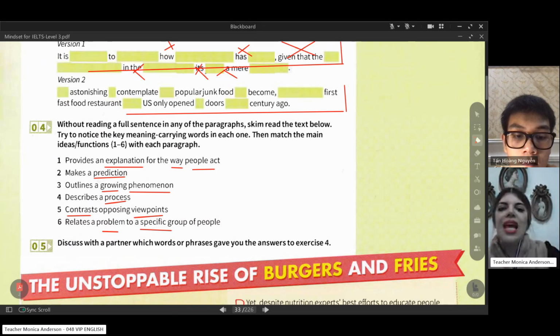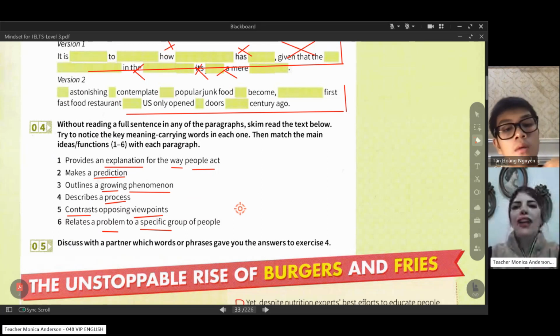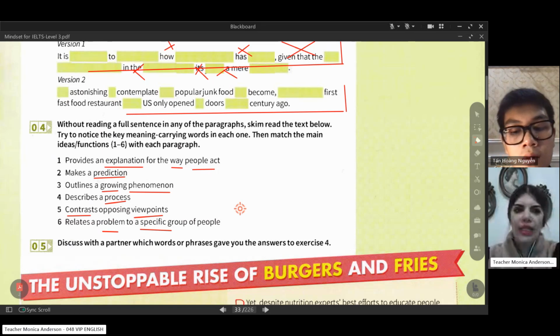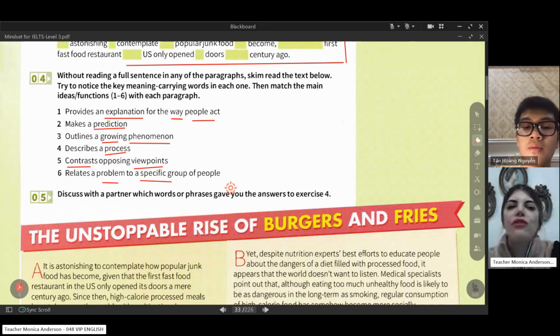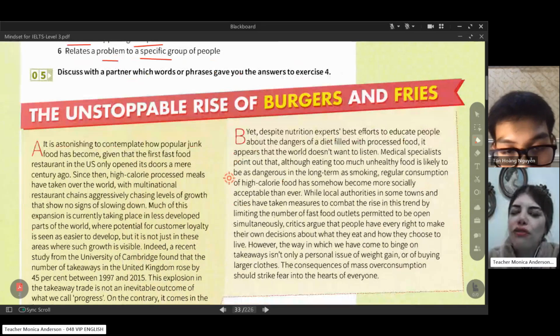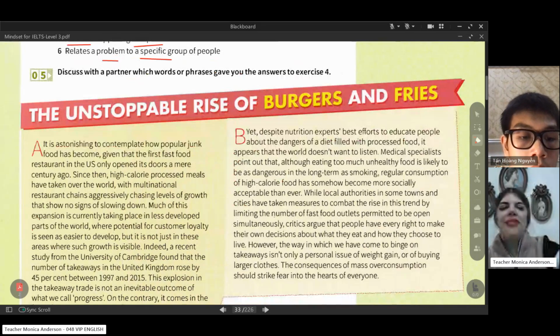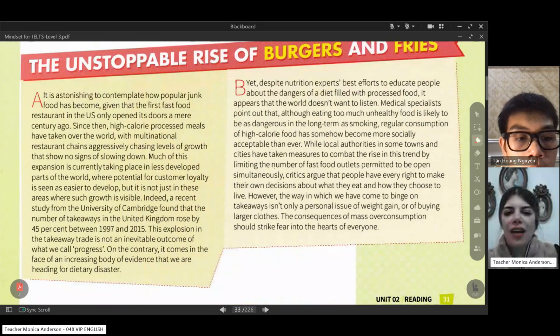Okay, now I'm going to find them. Let's do this part together. I'll count the time, so we can do this part together. And then I will show you how to find the answers easily and quickly. Well, now you have the time, you can read and try to find the answers, okay? And then we'll do this together.